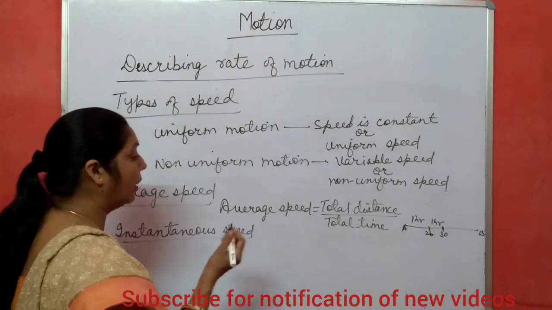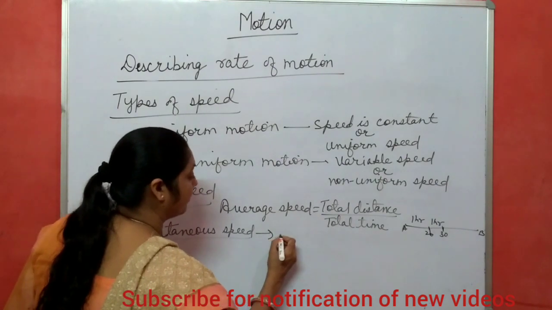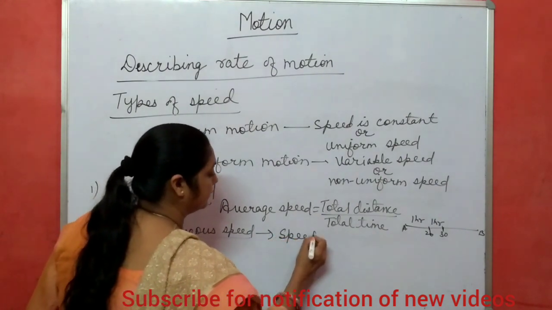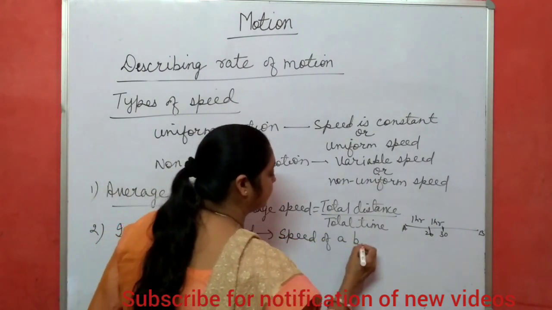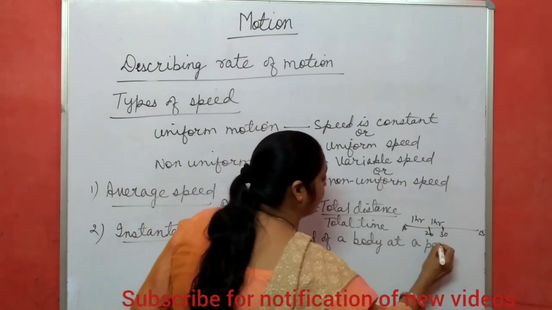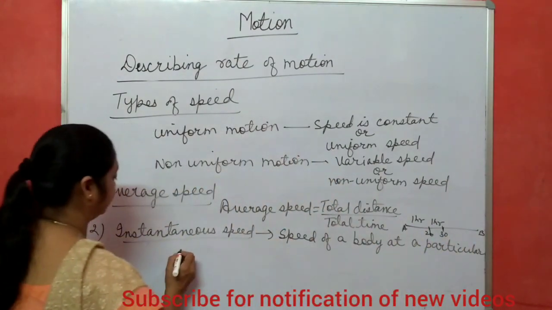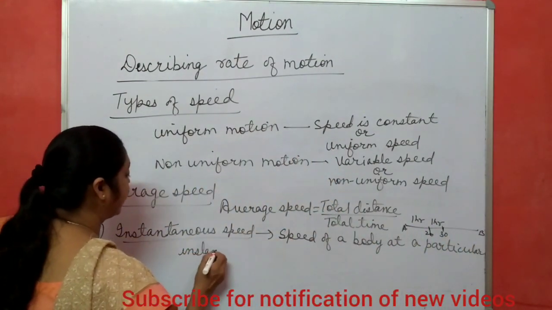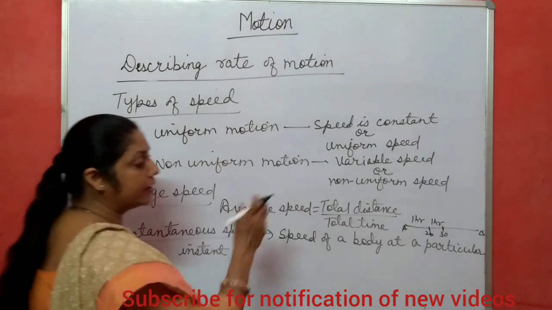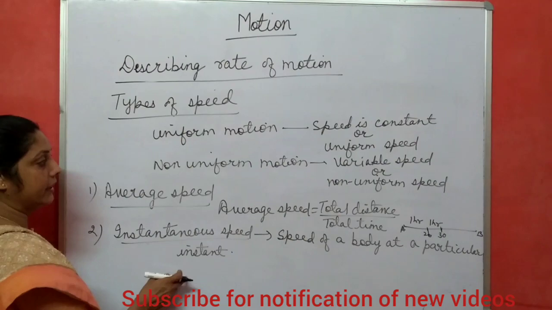Speed of a body at a particular instant of time. Okay. At a particular time, what is the speed of the body? That speed is called instantaneous speed.